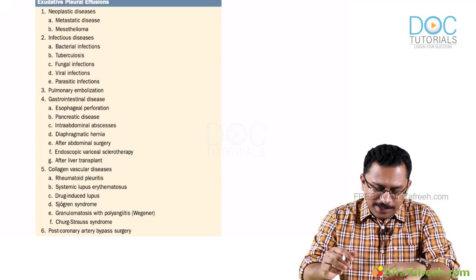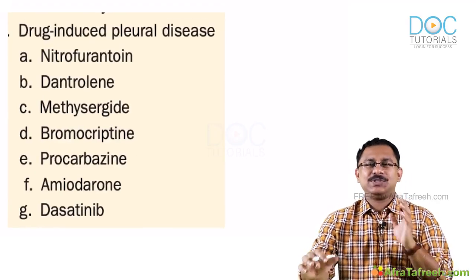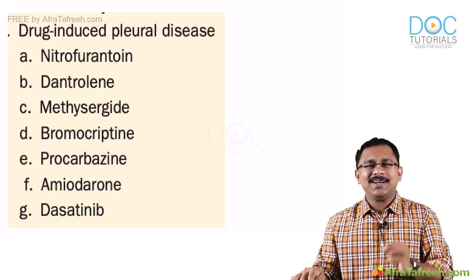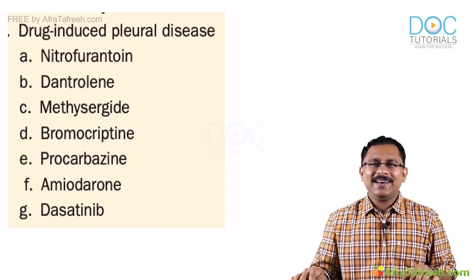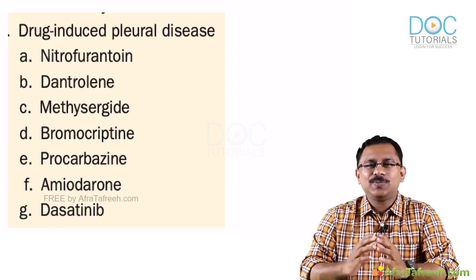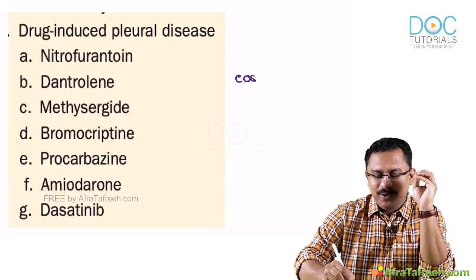Now another point that I want to add here is about drug-induced effusions. Certain drugs are known to produce pleural effusions, and usually drug-induced pleural effusions are likely to have eosinophils in their pleural fluid as well.